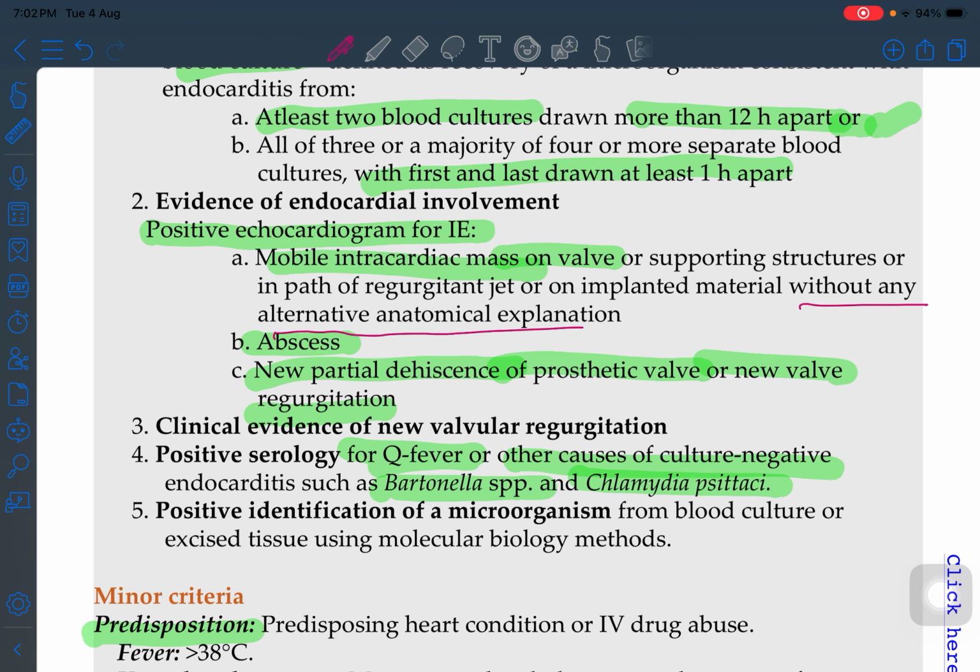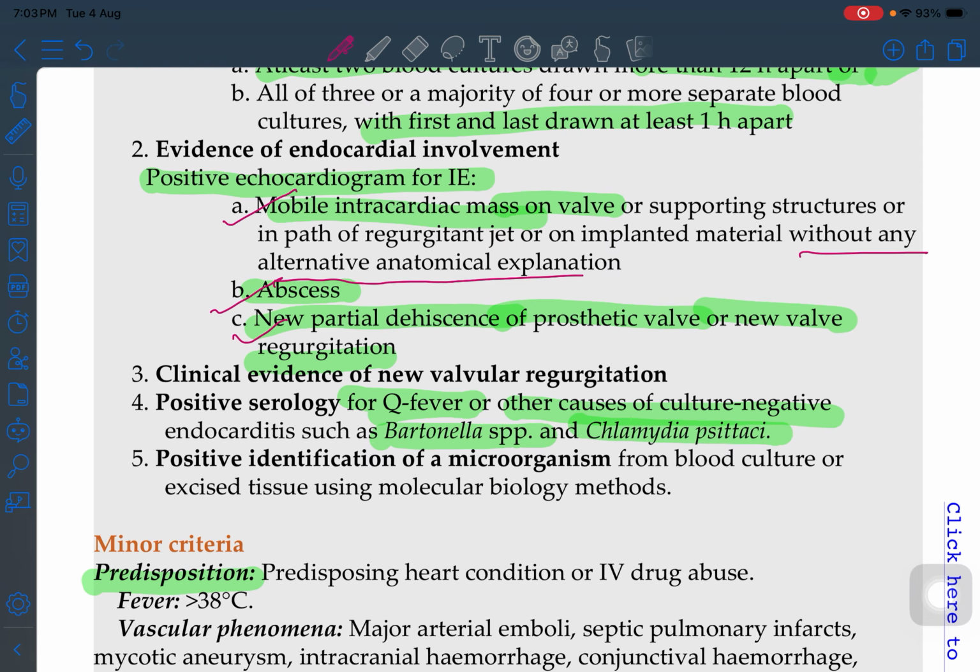Then presence of abscess, and new partial dehiscence of prosthetic valve or new valve regurgitation. If these things are present in the echocardiogram, then it is positive.